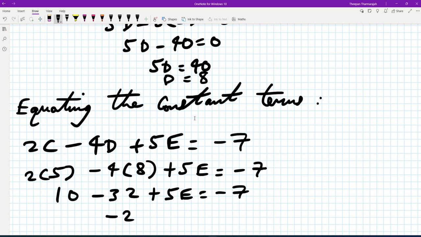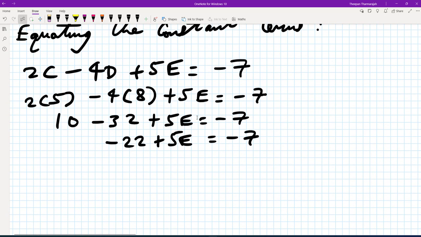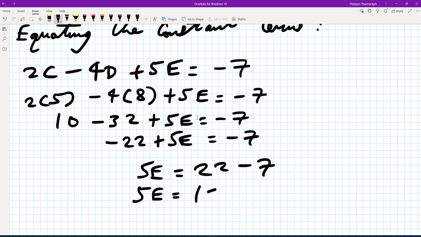So we can say minus 22 plus 5e is equal to minus 7. And we can say that 5e is 22 minus 7. So 5e is equal to 15. e must be equal to 3.